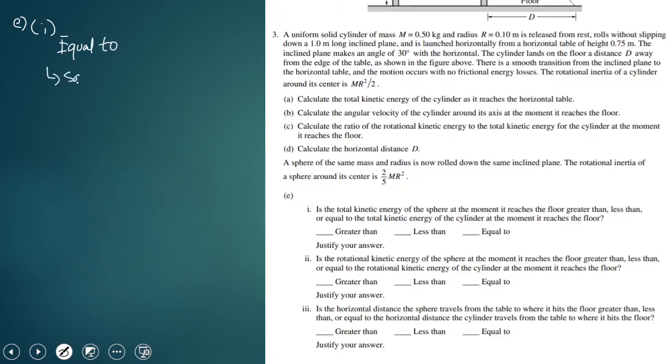Because same mass, and same height, same initial gravitational potential energy.